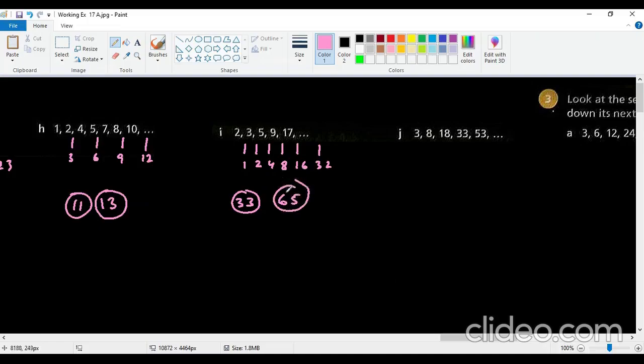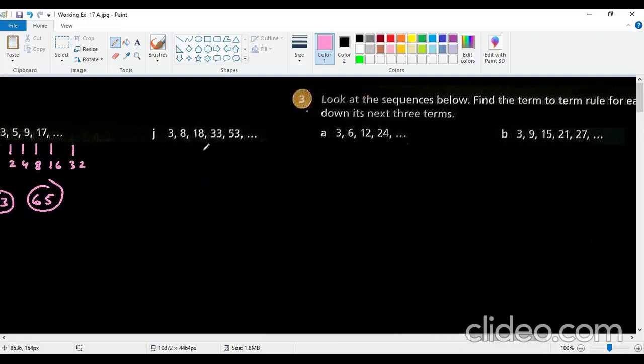Then comes the next sequence. In here we have 3 8 18 33 53. Now as you can see, the difference between the first two is 5, and in here the difference is 10, the difference here is 15, the difference here is 20.